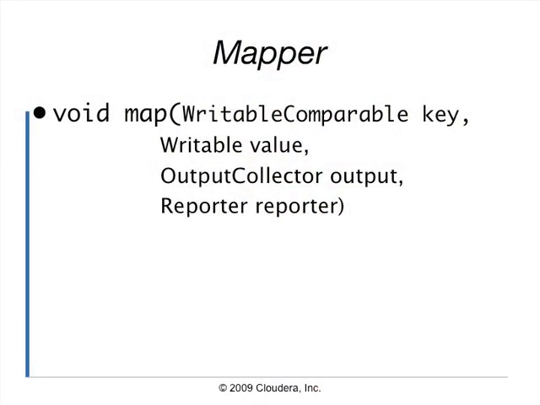And since you want to be able to return multiple key value pairs, we can't spell that R-E-T-U-R-N either. So this other object will accept key value pairs to forward along to the reducer. It has a method called collect. Finally, there's this object called reporter, which allows you to report back some statistics to the job tracker and also gain access to some other pieces of metadata about your job.